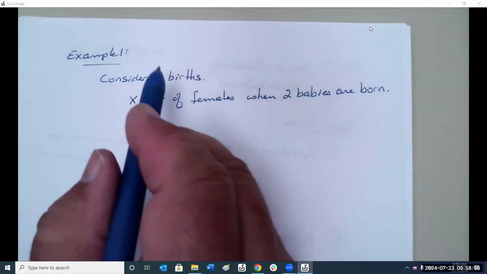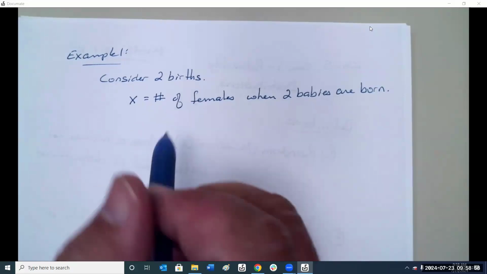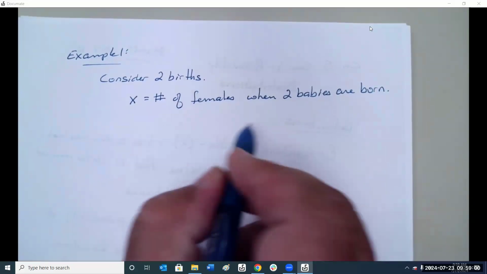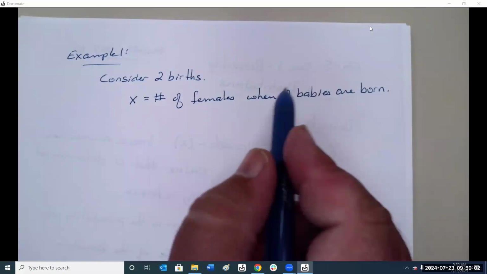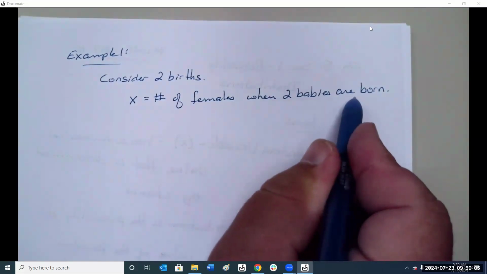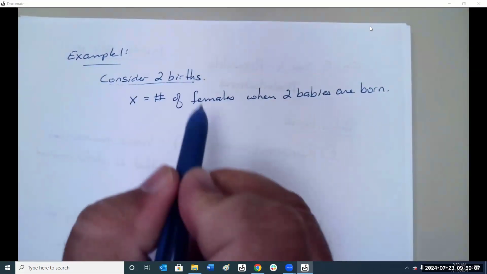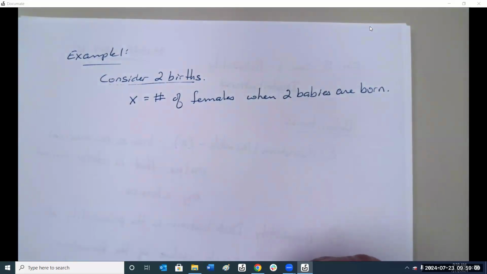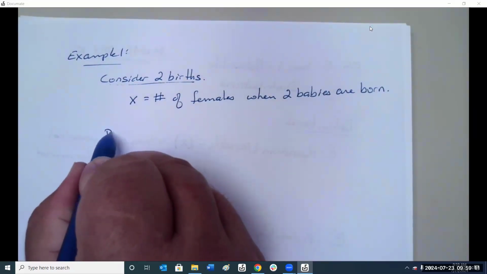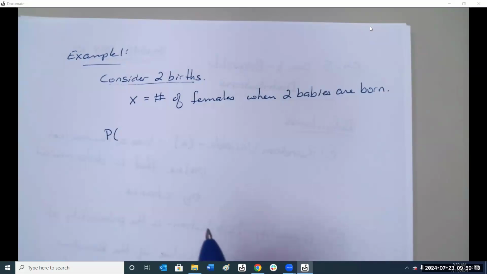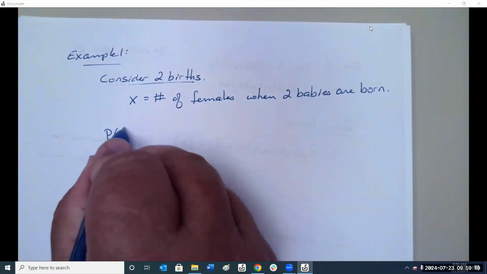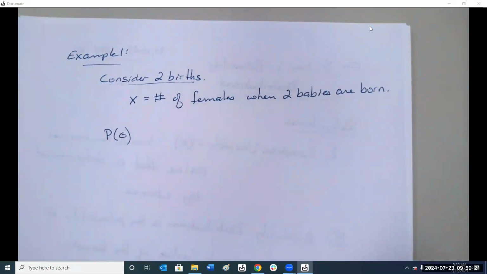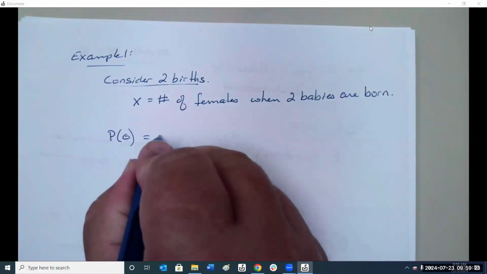So let's look at each of these probabilities. What are the possibilities here? We have two babies born. What is the probability of females being born? We can have no babies born that are female, meaning they're both boys.